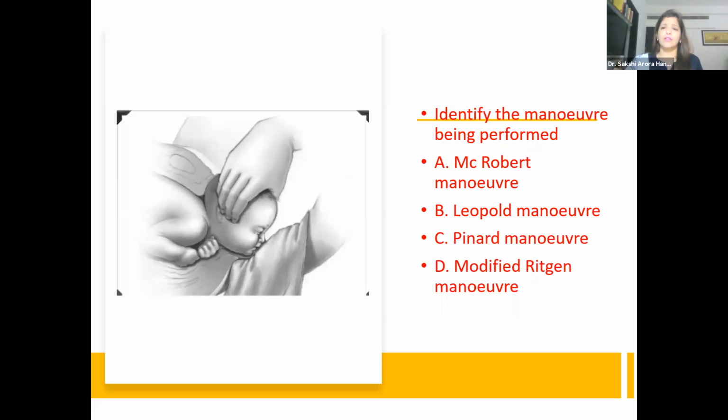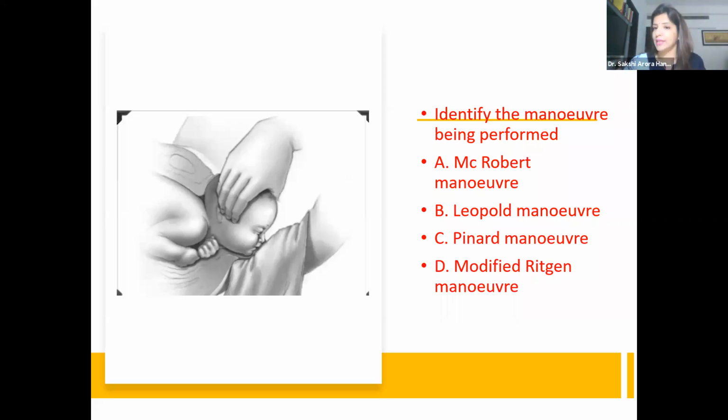What WHO recommends is you support the perineum with one hand and deliver the head of the fetus slowly with your other hand, right? So here also what you are seeing is one hand is on the perineum and slowly the head of the baby is being delivered with the other hand.